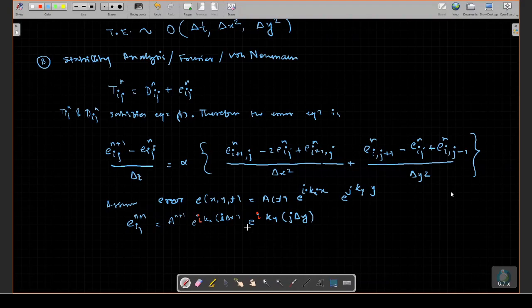We have represented the solution T(x, y, t) by T(i Δx, j Δy, n Δt). Okay, you remember this? Our PDE x y solution, in the case of CFD, we get as a discrete solution at i Δx, j Δy, and n Δt.